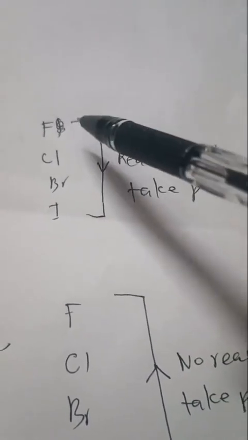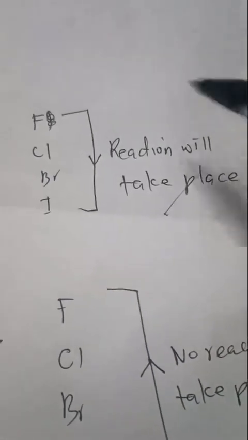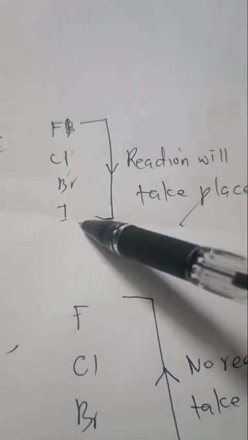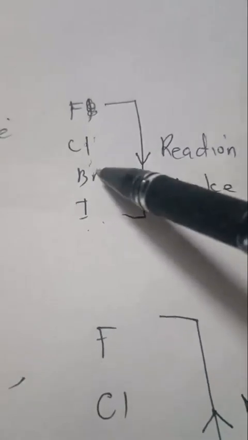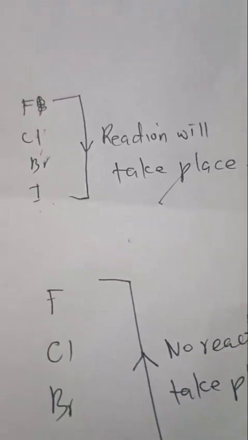Fluorine displaces chlorine, bromine and iodine. Chlorine displaces bromine and iodine. Bromine displaces iodine. So when displacement happens, a chemical reaction will take place.